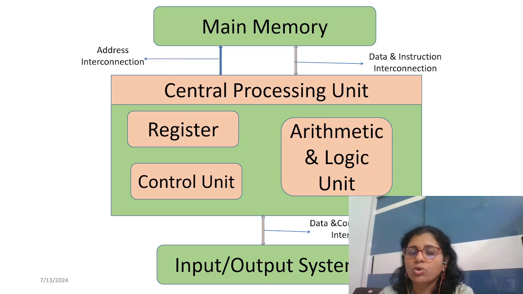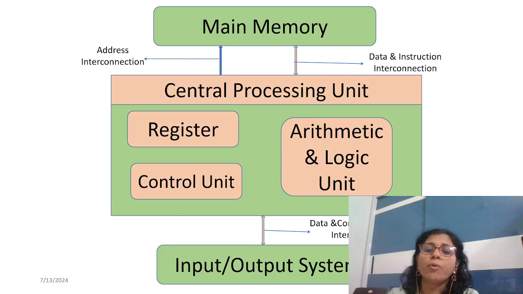Both data as well as instructions are stored in that single memory, and the processor reads the instructions from this main memory and also reads the data from it. Whenever the ALU wants to perform any operation, the contents read from the memory are transferred to the registers for temporary storage, and then the operation can be performed by the ALU.